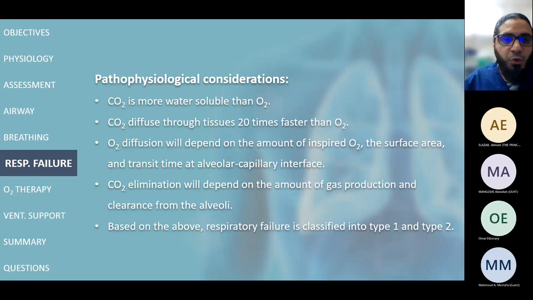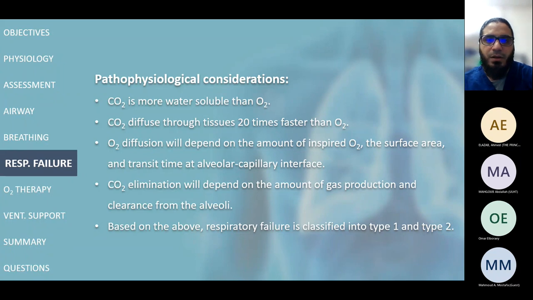It means that the movement of carbon dioxide through tissues is 20 times faster than oxygen. That's why most of the pathologies that you will face will start with type 1 respiratory failure. Even COPD, which is known to cause CO2 retention, in the early stages is type 1 respiratory failure.